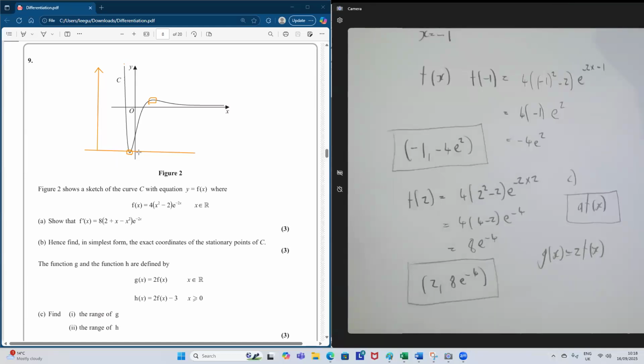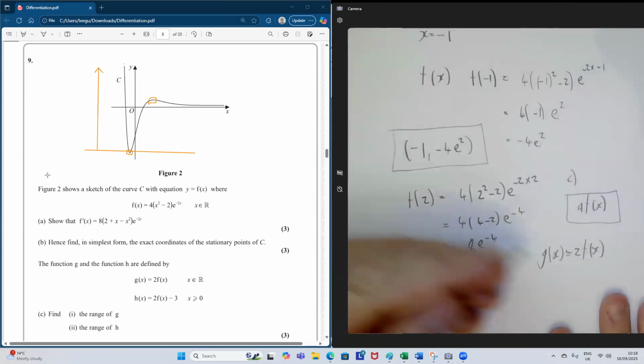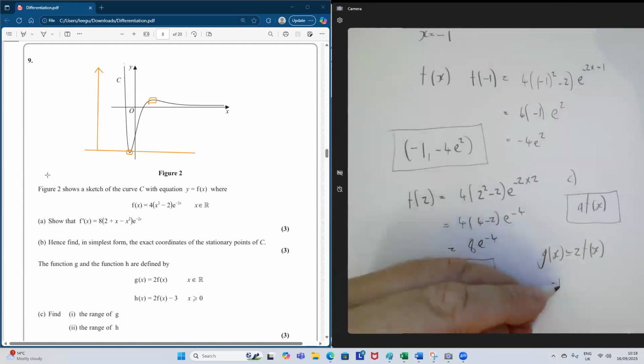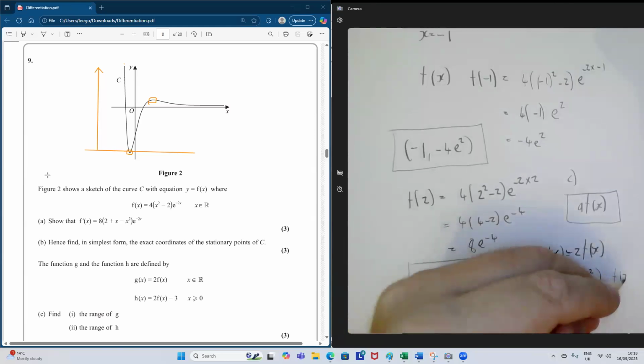So in order to determine the range of g of x, we need to know the coordinate of this turning point here on the function g of x. And we know what it is in f of x. We know that in f of x, it has the coordinate (-1, -4e squared).